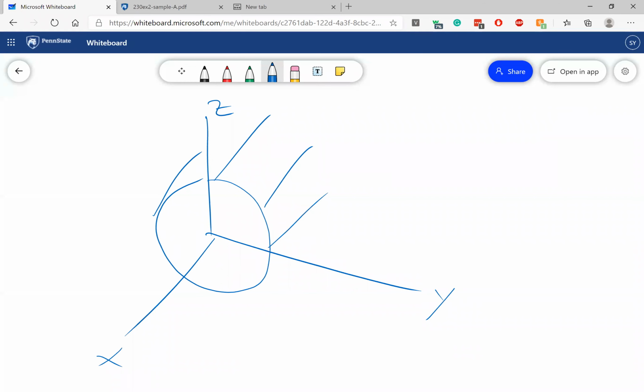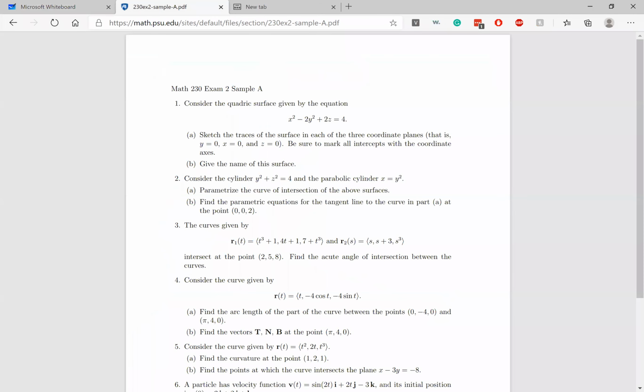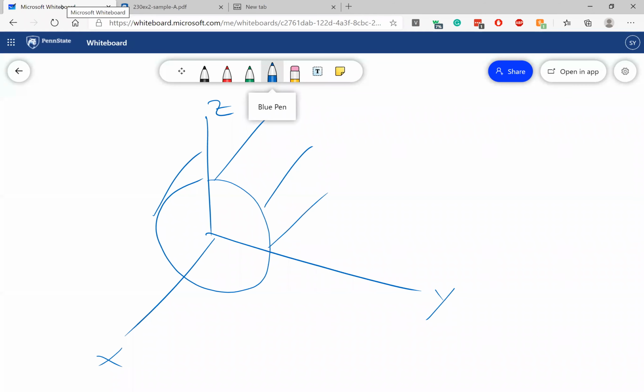And then the other surface is again x equals y squared. Here's my x, here's my y, so that would give us this over here.